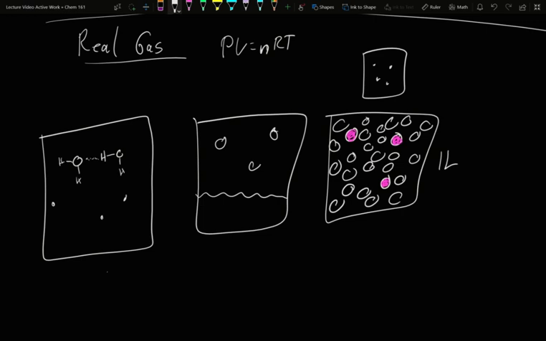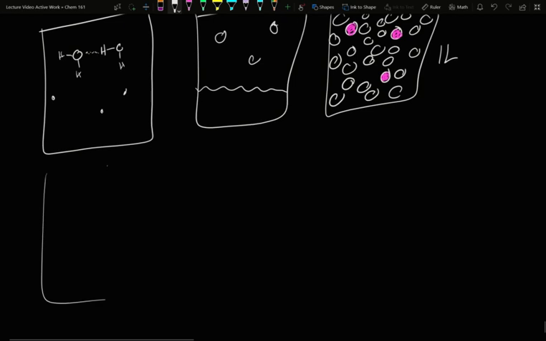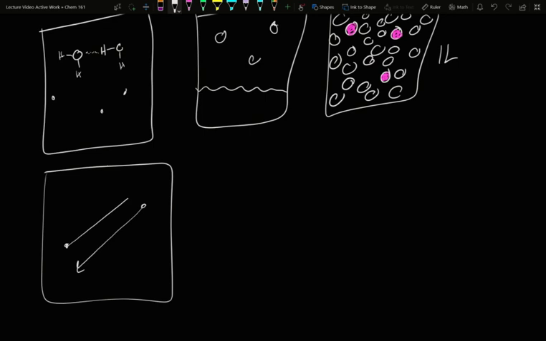The net effect is if I have two particles in a container, ideally, they will drift right past each other. They won't care that the other one is there.